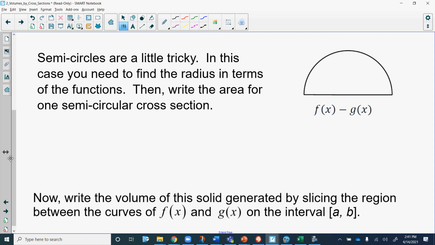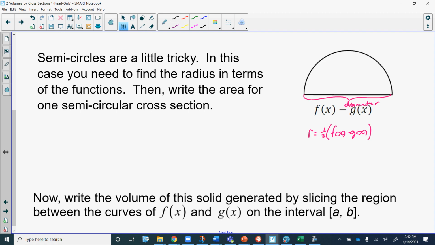And here again, in this case, we're saying that this whole thing is going to represent the f of x minus g of x. That's representing the diameter. So that means that the radius would be half of f of x minus g of x.